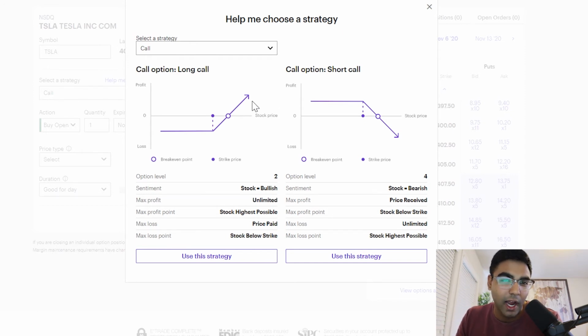So if I don't have 100 shares, but I'm willing to buy them in the future, then I'm basically paying somebody on the other side who has those shares. And so that premium that we're paying goes to that other person who has the shares. And so when you're short call, aka selling a call, you have 100 shares of Tesla already.